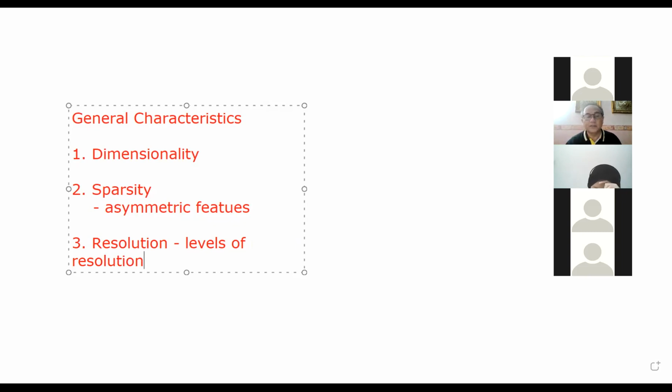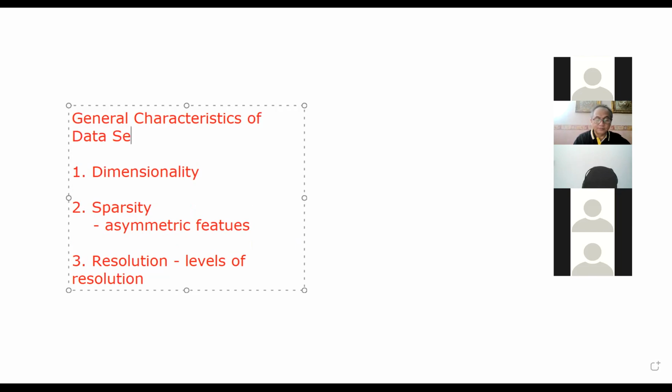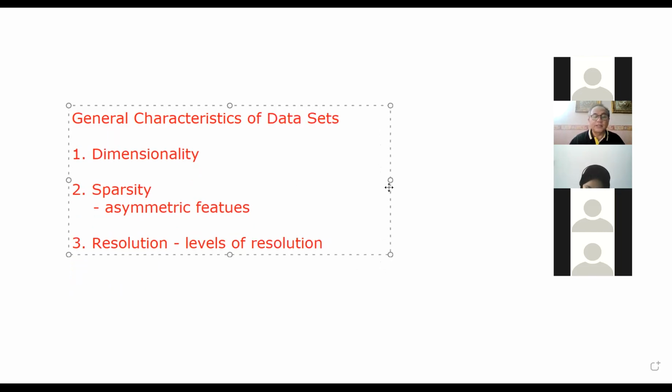So you look into the dimension of the data and the sparsity of the data, for these general characteristics of data sets, not particular data. When you have a group of data, they have different dimensions, they have sparsity, the size and number of data, and then we have resolution of the data, meaning the granularity of the data.